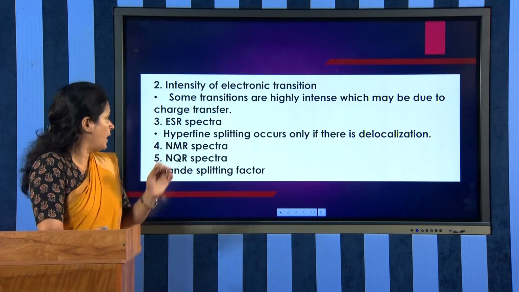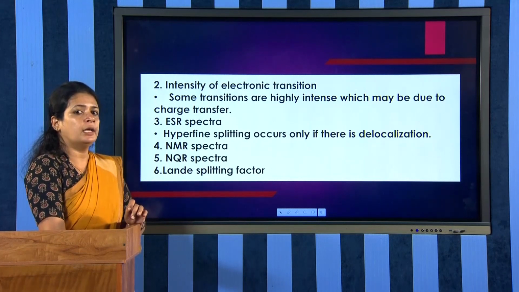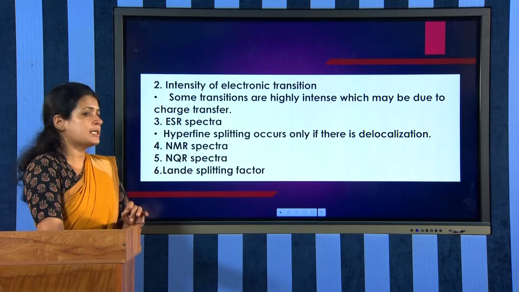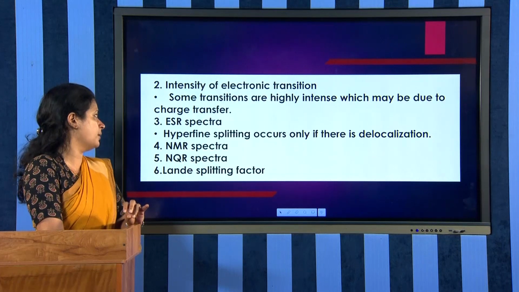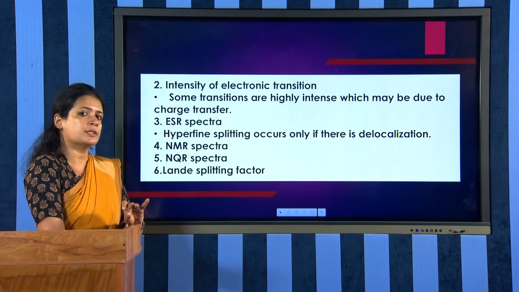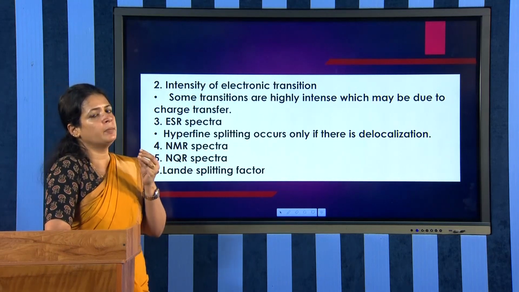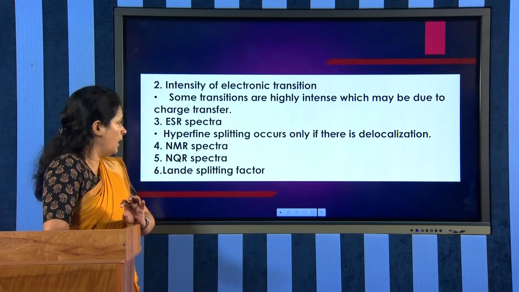covalency. And the third one is ESR spectra, electron paramagnetic resonance or electron spin resonance. ESR or EPR, electron paramagnetic resonance spectra, or ESR spectra means electron spin resonance spectra. This ESR spectra is mainly shown by complexes having unpaired electrons.